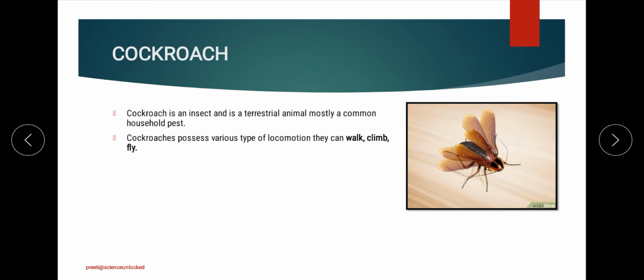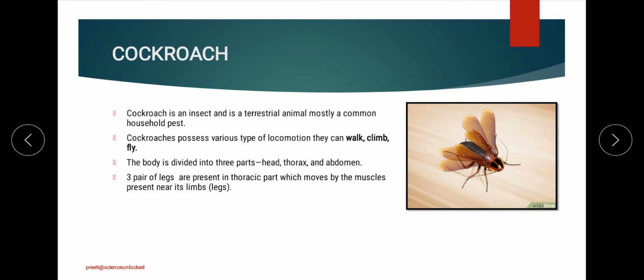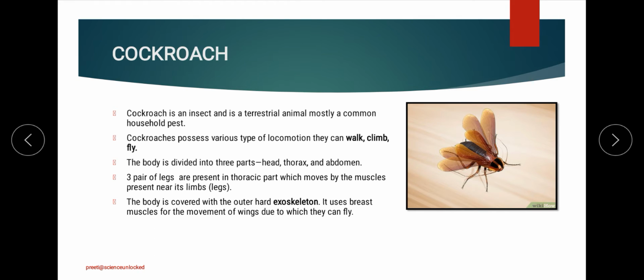For walking, climbing and flying, the region that plays the main role is the thoracic region of the body, where the three pairs of legs that help in walking and climbing are present. The wings are also present on this region only. So this whole exoskeleton altogether helps cockroaches in the flying process as well.